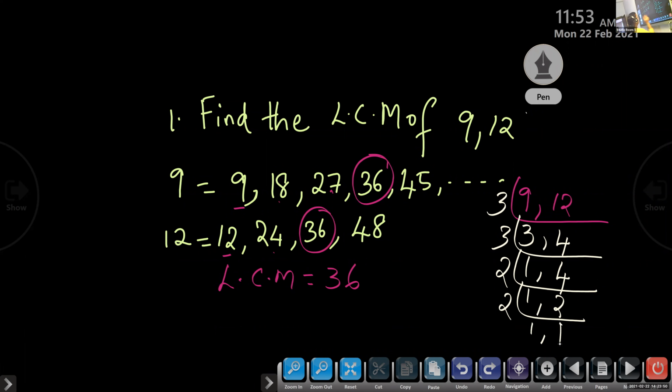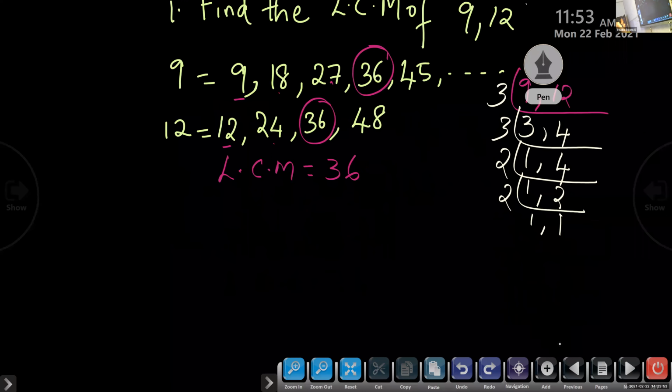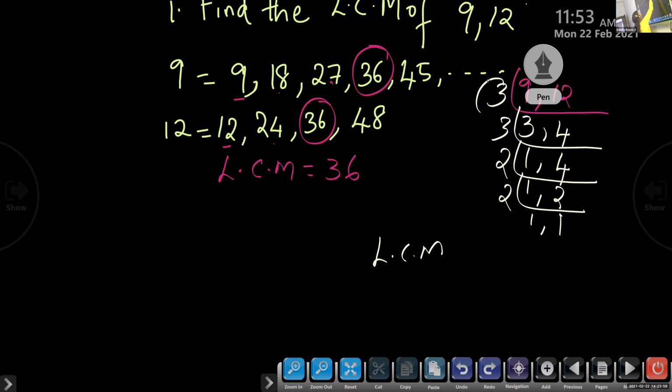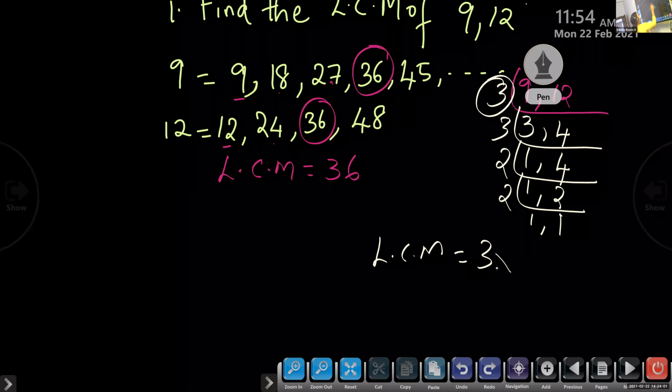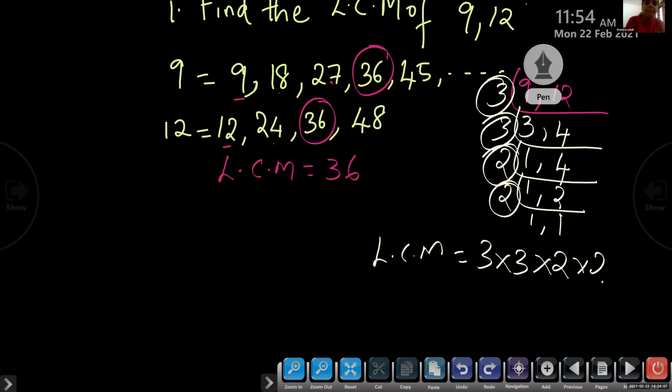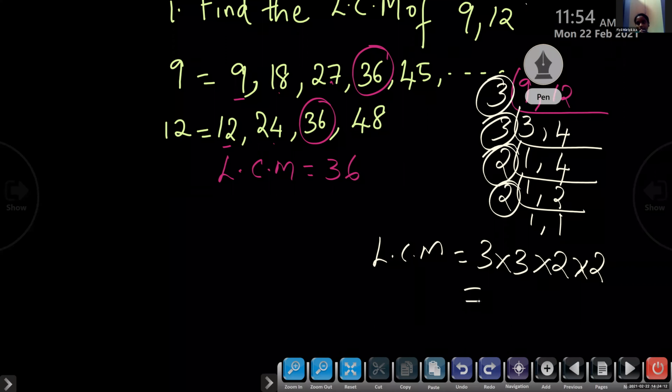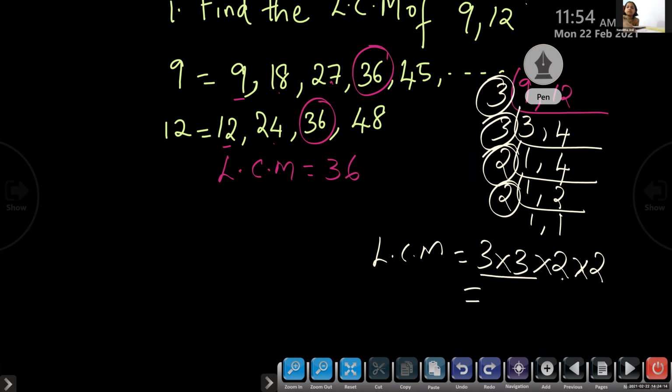Children, we can do any method, no problem, but I am using only prime numbers. So what's the answer? LCM: 3 into 3 into 2 into 2. 3 threes are 9. 9 twos are 18. 18 twos are 36.